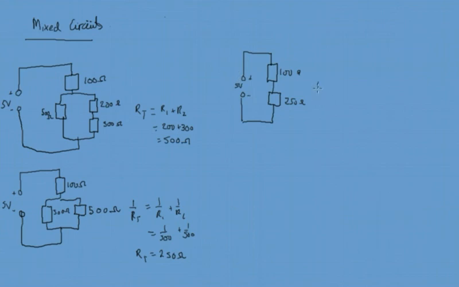So we can now find the total resistance in our circuit using what we use for series: 100 plus 250 gives us 350 ohms. By stepping down and using what we know about series and parallel circuits, we can turn a mixed circuit into something altogether more manageable by applying Ohm's law at each step and just taking our time and being careful. So I hope that helps.